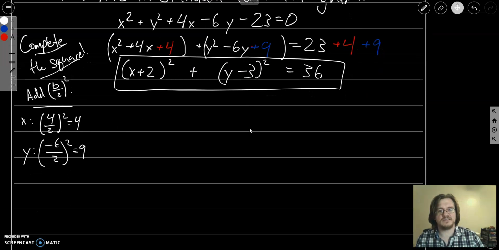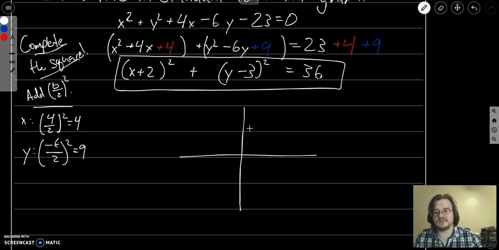And to graph, again, here, the center of the circle, notice that this is going to be x minus a negative 2 squared. So the x coordinate is going to be at negative 2. The y coordinate of the center is going to be 3.